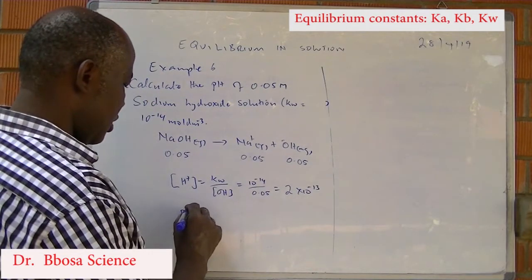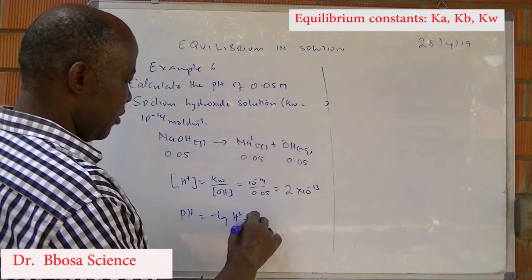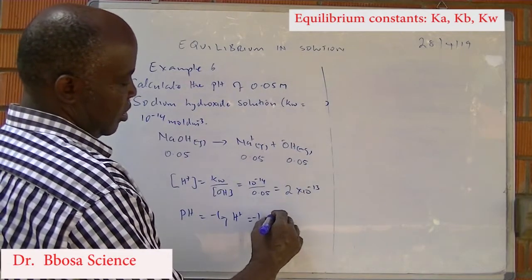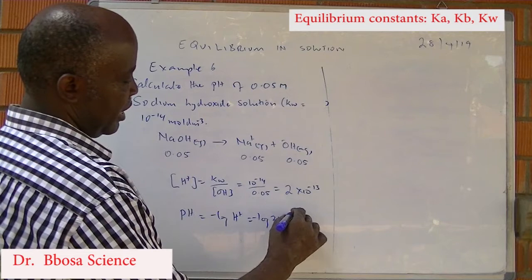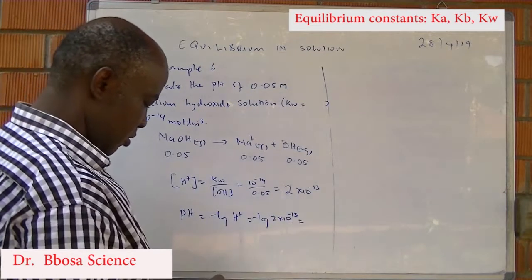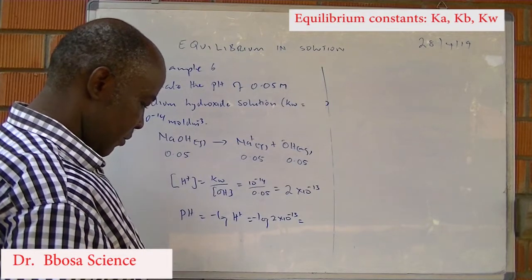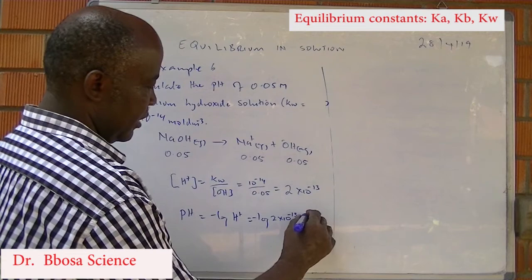But the pH is equal to negative log hydrogen ion concentration, which is equal to negative log of 2.2 times 10 to the power negative 13, which is equal to 12.6.